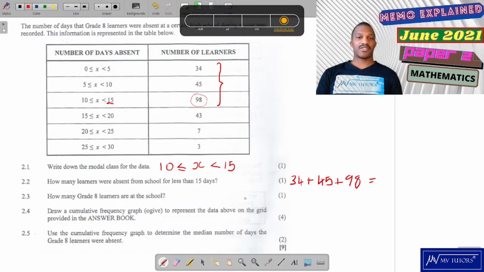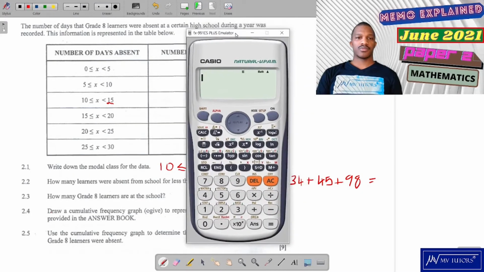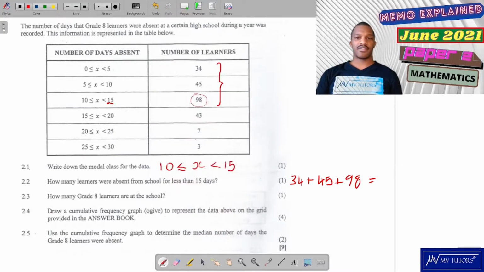Let me get a calculator real quick. There we go. 34 plus 45 plus 98, and then we get 177. So 177 is our final answer. It's 177 learners.